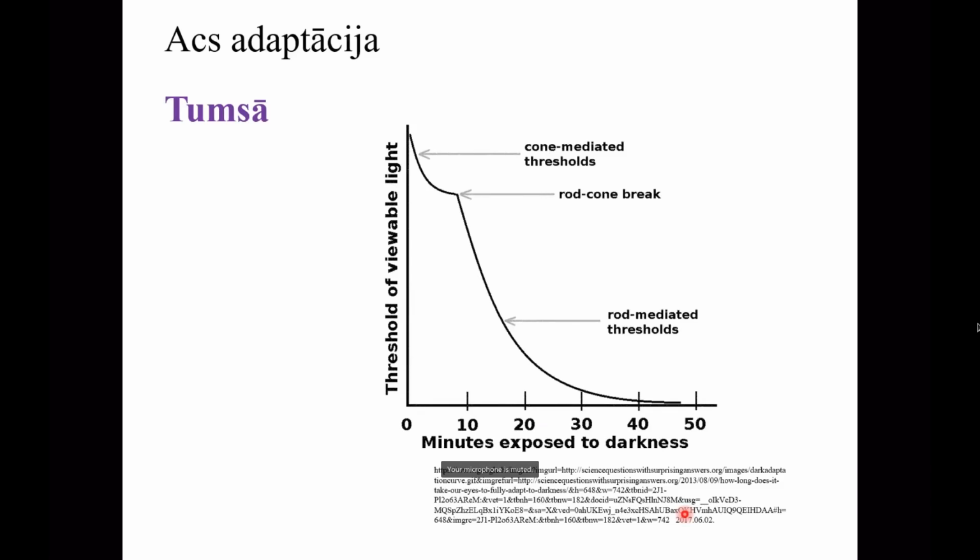Next, adaptation of the eye. For instance, we are sitting in very dark conditions. Because of this, with time, we can recognize less and less photons, less and less intensity of light.